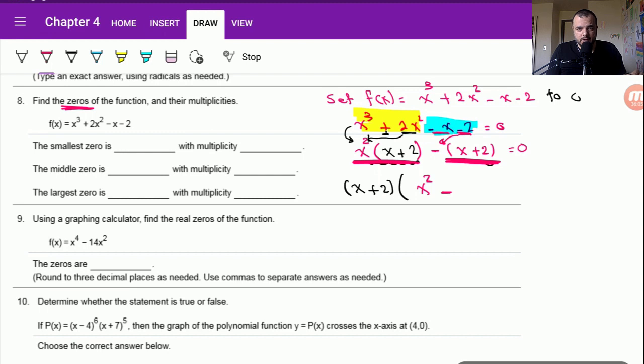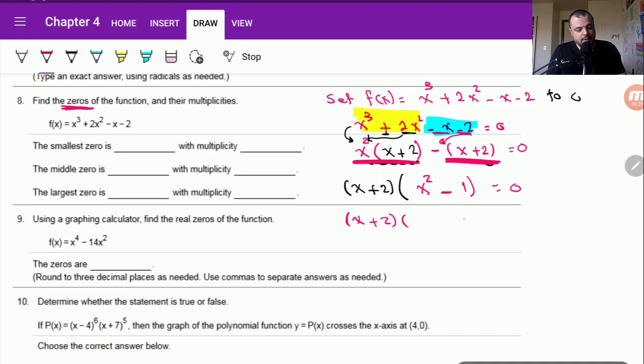So x plus 2 divided by x plus 2 is only 1. So this is 0. Good. So we got something nice because we have x plus 2 and we have x squared minus 1. So x plus 2 is a linear factor, so we are done with the first one.